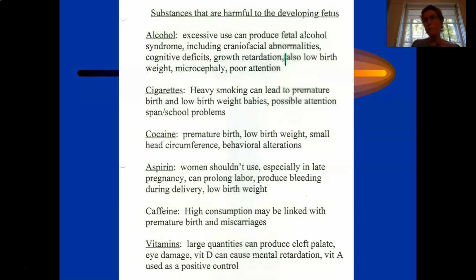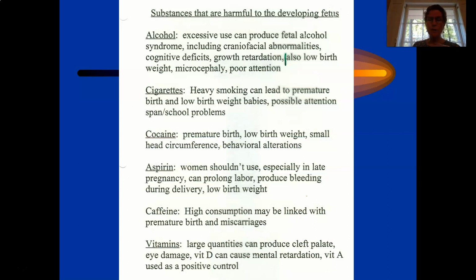However, there are some things that we think of as good for us that can actually be harmful to the developing baby. So vitamins actually can be harmful if you take too much of certain vitamins. So for that reason, a pregnant woman should get on some prenatal vitamins that she gets from her doctor. Those are the safest.